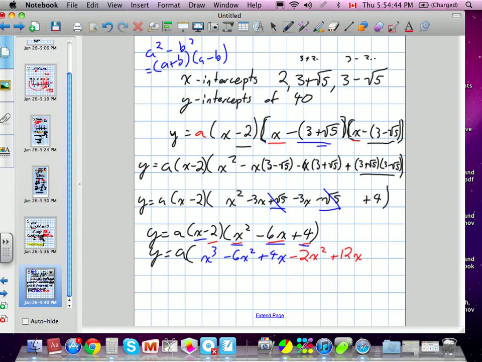Now that we have that, y is equal to a. We only have x cubed, like terms. Negative 6x minus 2 gives us a negative 8x squared. 4 and 12 are 16x minus 8. Okay.